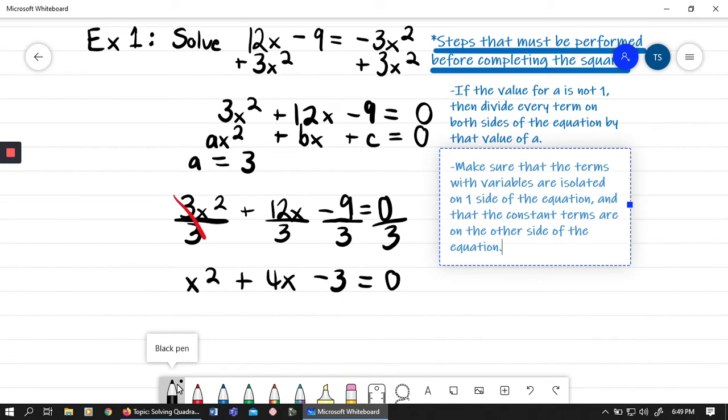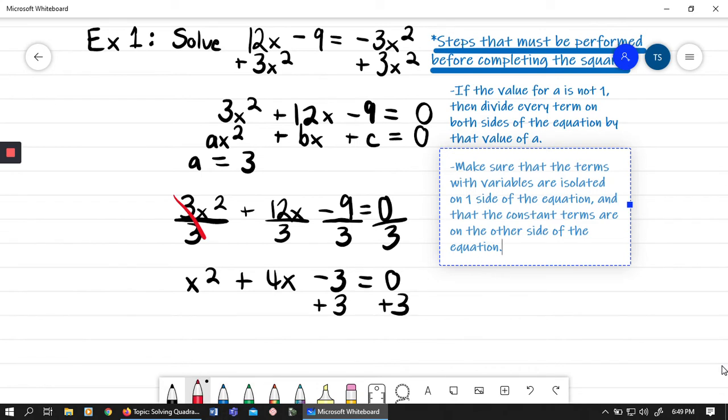The only thing that's keeping those two terms from being completely by themselves is that -3 there. So let's move that constant term, that -3, to the other side of the equation. So let's use an inverse operation, right? The inverse operation we need to use here, and you should know, is adding 3 to both sides.